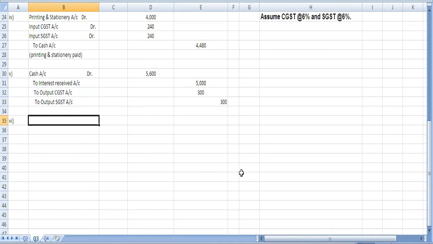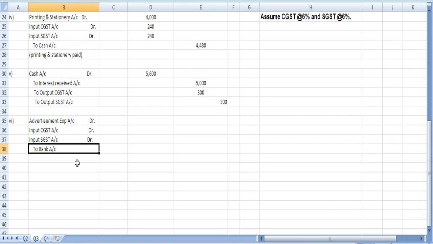So we will write here advertisement expense account, debit, input CGST account, debit, input SGST account, debit, to bank, since it is paid through check, to bank account.